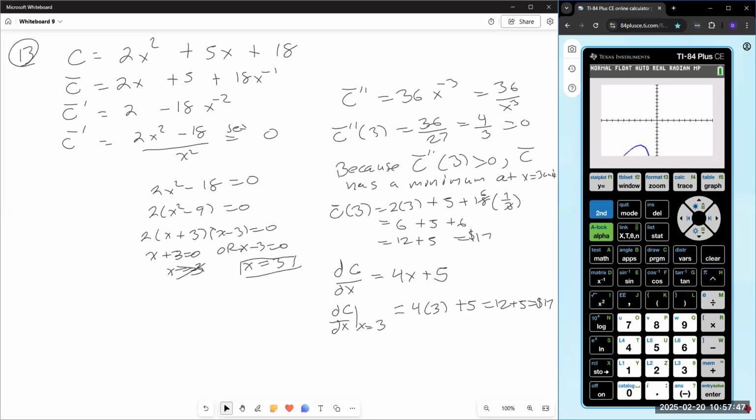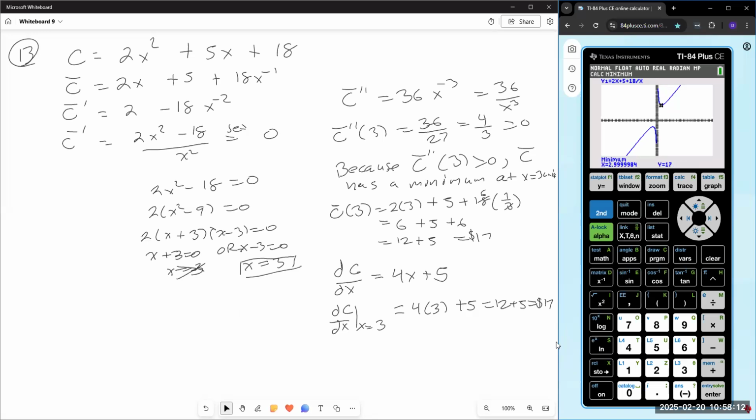We can't see the other piece here, so I'm going to zoom out until I can see it. There it is, and I want to find that minimum value that's up there. Second calc, minimum, put a tick mark there, get on the other side of the minimum, somewhere over here, and put a tick mark, and come back somewhere close to the minimum.